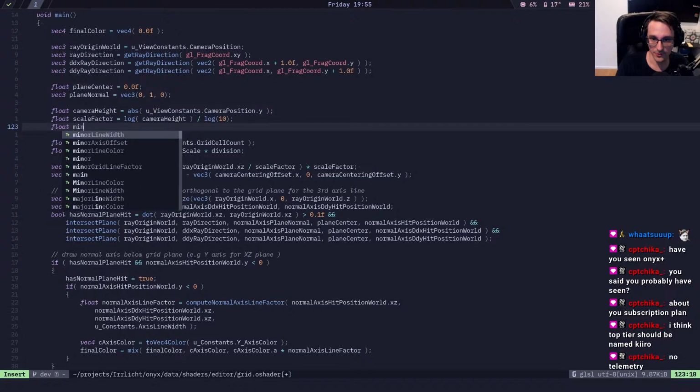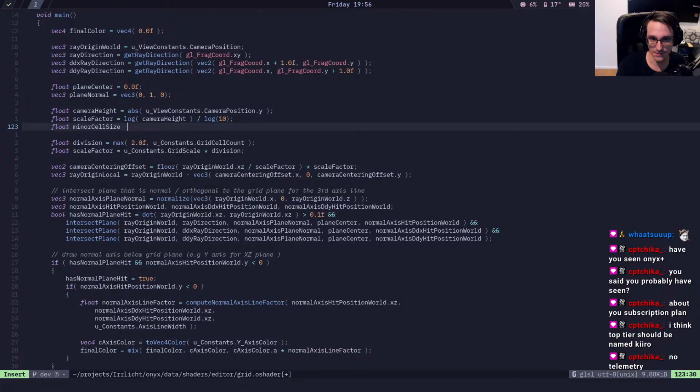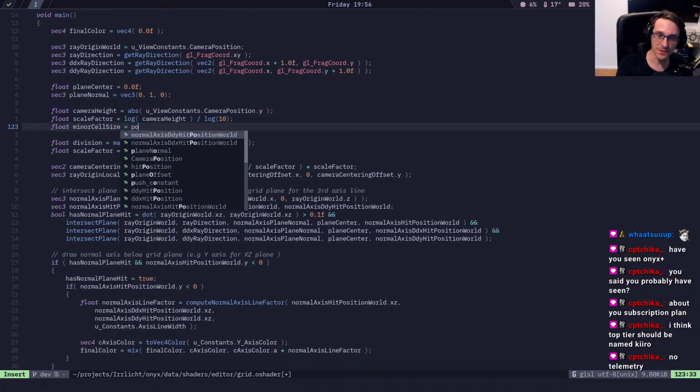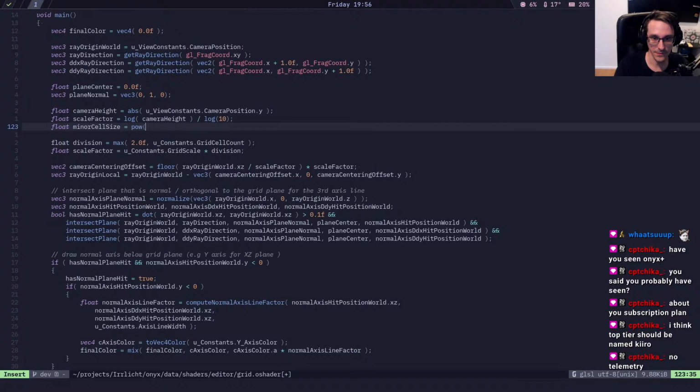And then we get float minor cell size, I guess, which is power of 10 again, because that's our grid size. We might parameterize that later, but probably not, to be honest. And then we want an integer, a clean integer here, so we don't do intermediate scaling, right? And then we do it -1.